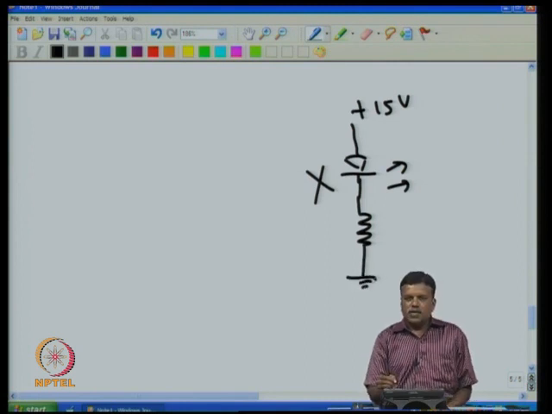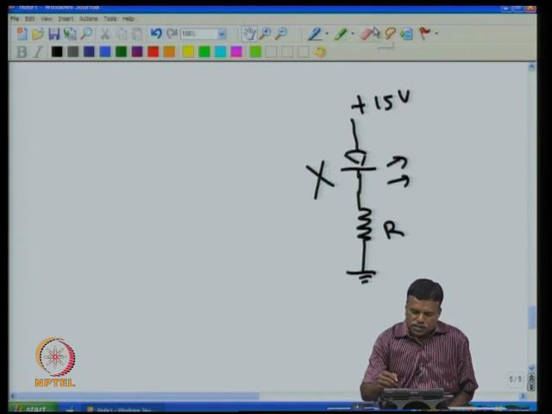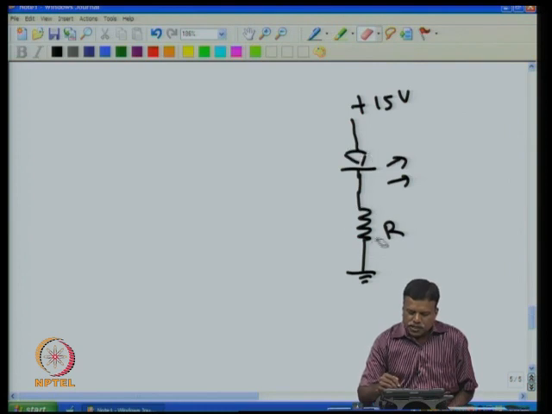If I do this, now the 15 volt is shared between this LED and the resistance. There is a voltage drop here, and a voltage drop here. This voltage drop plus this voltage drop is actually 15 volt. But nevertheless, I want 1.8 across this and the remaining voltage should be across this.